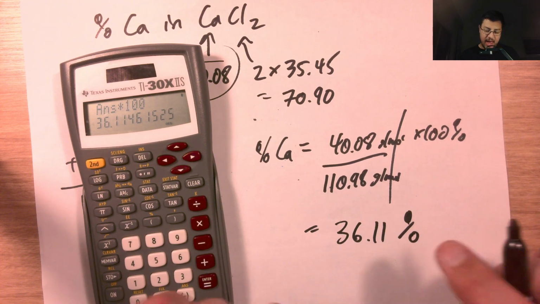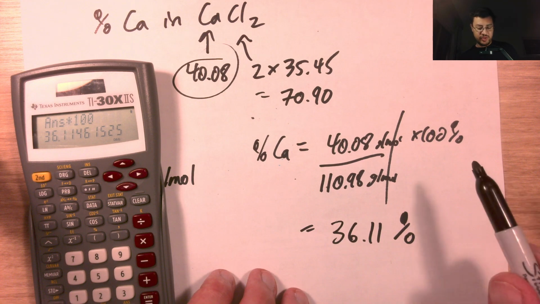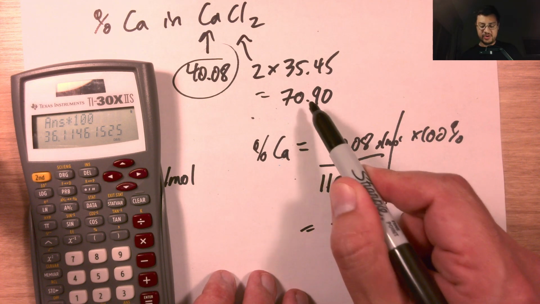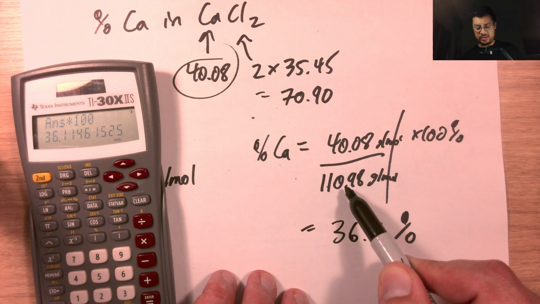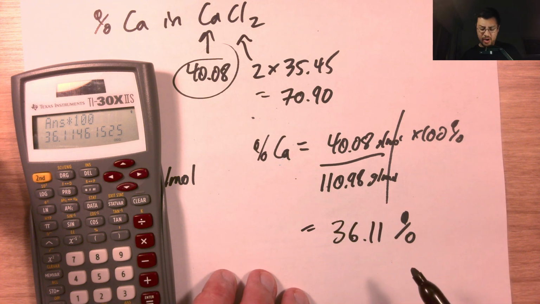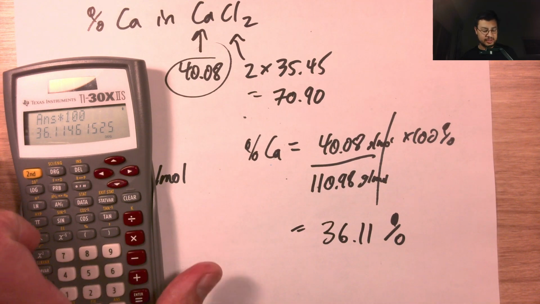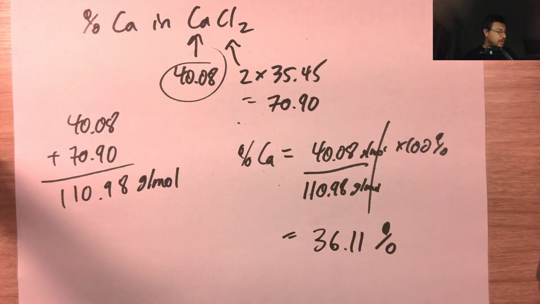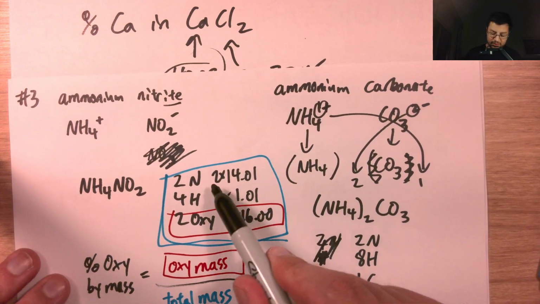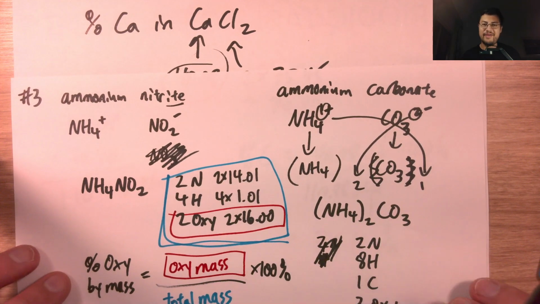That's 36.11%. If I wanted the percent chlorine, I would take the 70.90 and divide it by the 110.98. Or if I only have 2 elements, I could do 100% minus the 36.11, and it should be the same answer. With your problem with ammonium carbonate, you have multiple elements going on, so you don't have that luxury.